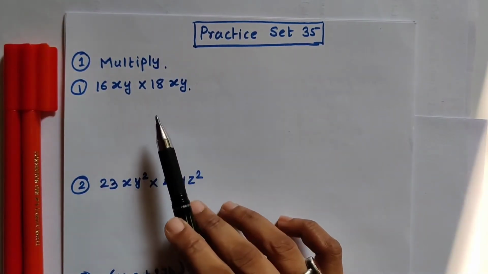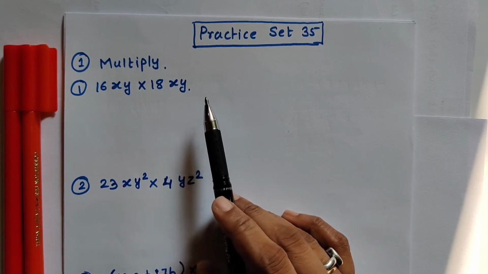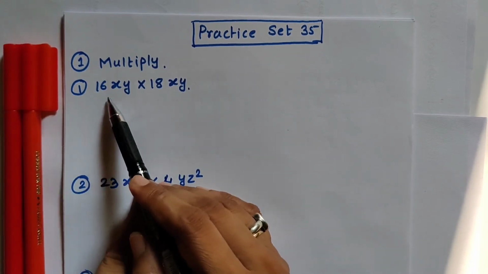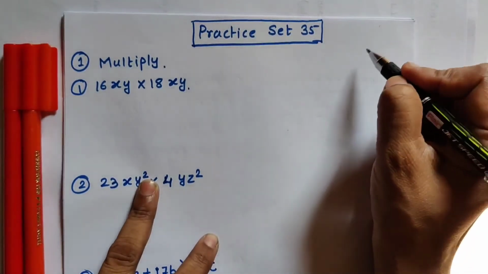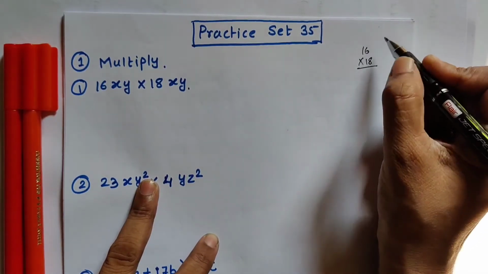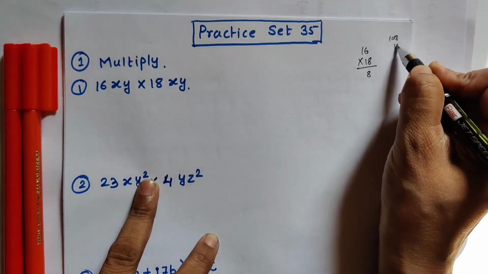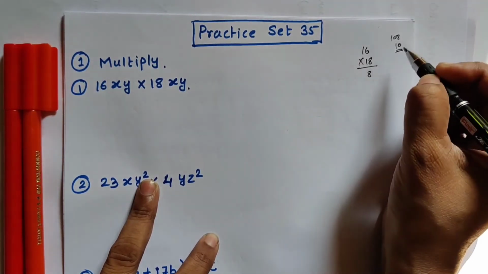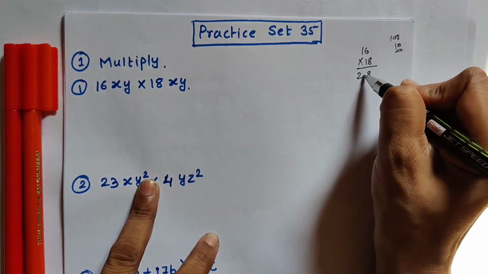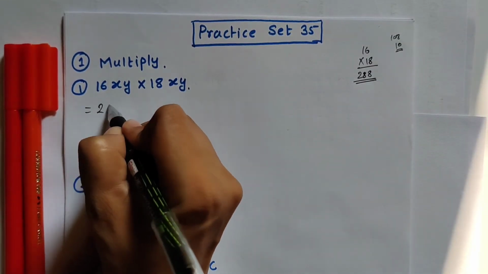We can directly multiply coefficient with coefficient and variables with variables. So 16 multiplied by 18, you can do it in the rough. 18 sixes are 108, I have written 8, 10 carrying, 18 ones are 18 plus 10, 28. So we got 16 into 18 is 288.